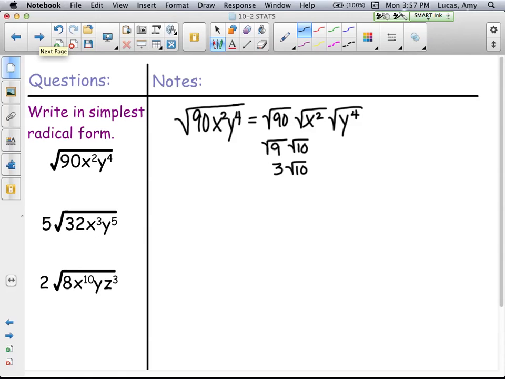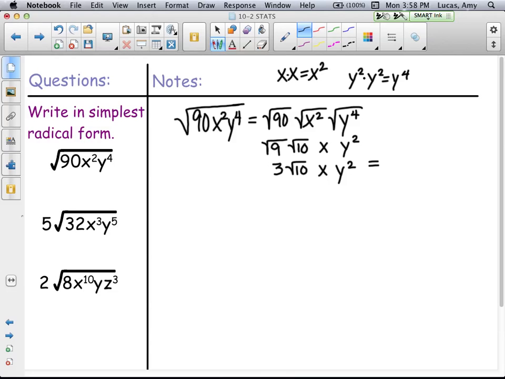The square root of x squared. Well, hopefully you remember that x times x is x squared. So then the square root of x squared is just x. Y to the 4th. Well, y to the 4th is y squared times y squared. So y to the 4th would be, the square root of that would be y squared.